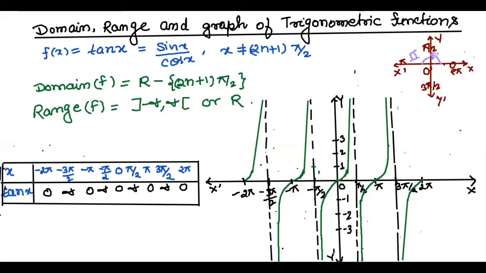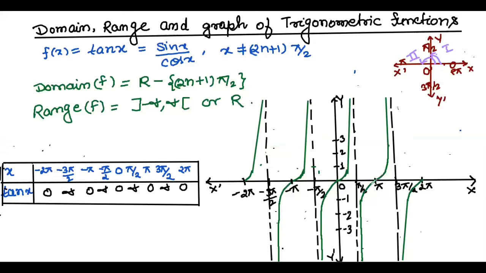In the second quadrant, we can observe that the value of tan x increases from minus infinity to 0, in between π/2 to π. So here we can see this is minus infinity to 0.